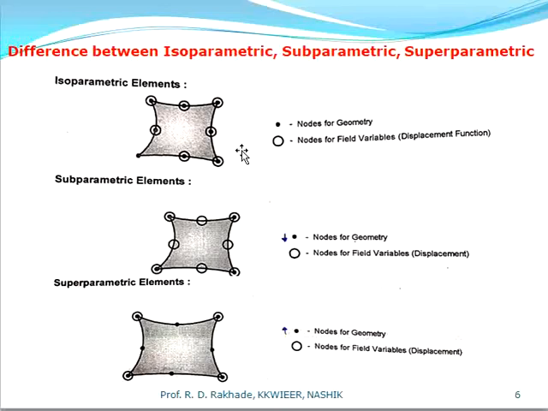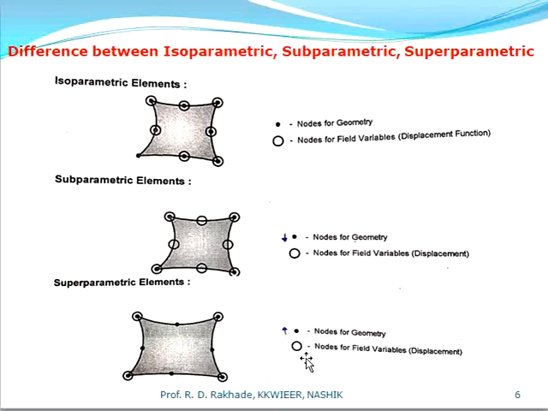In the second case, subparametric elements, if the function used in defining the geometry, that is the nodes for geometry, is of lower order than the function used to define the field variable of an element, such elements are called subparametric elements.